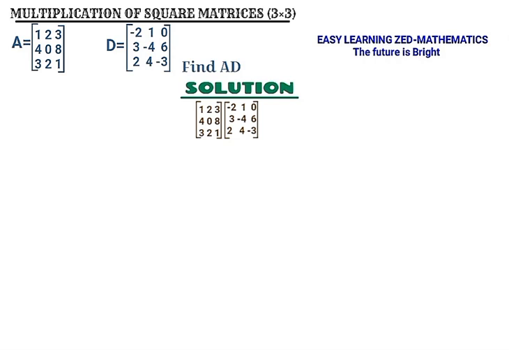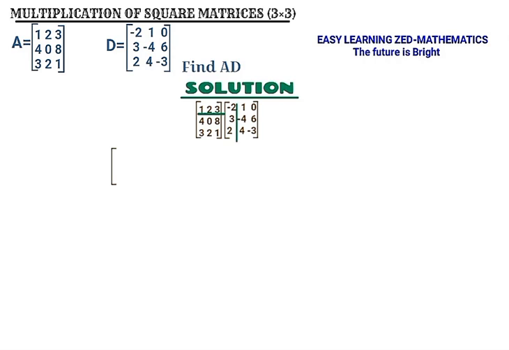Each row from the first matrix will be multiplied by the columns in the second matrix. I'm going to open a bracket there, then multiply that row by all three columns in the second matrix. So I'm going to start with the first column.